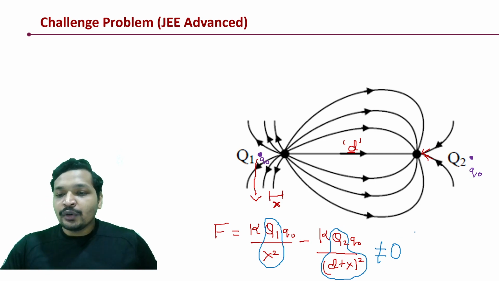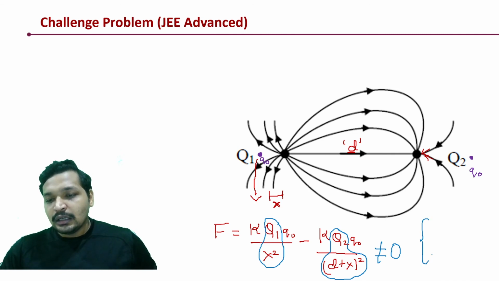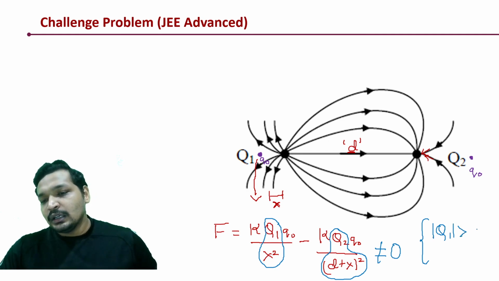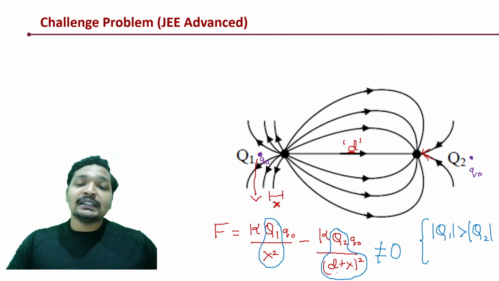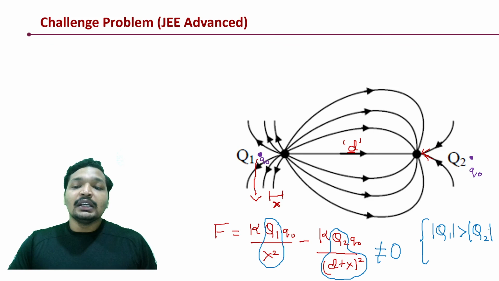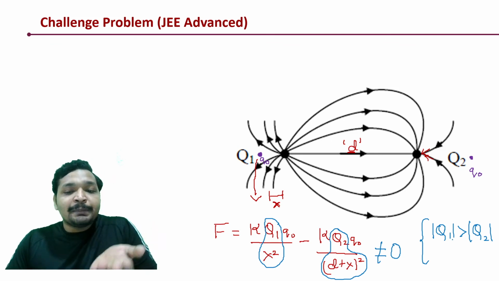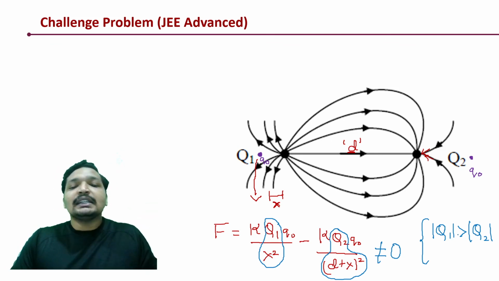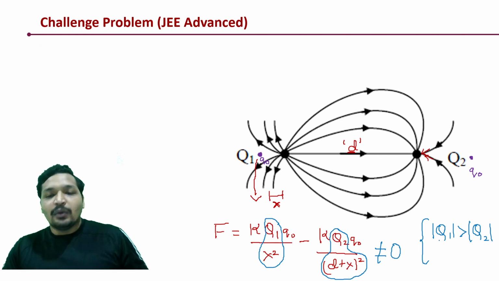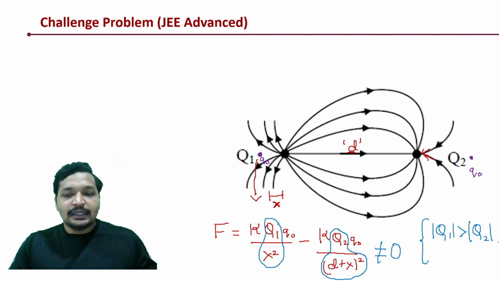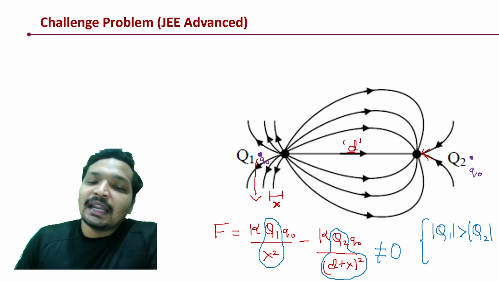First of all, we know that your q1 magnitude is greater than q2 magnitude. Now what have you done? You have divided that q2 by a larger quantity. That means q2 by d plus x square is going to be further lesser than q1 by x square. Okay, it's really that simple. Hence this can never be 0.